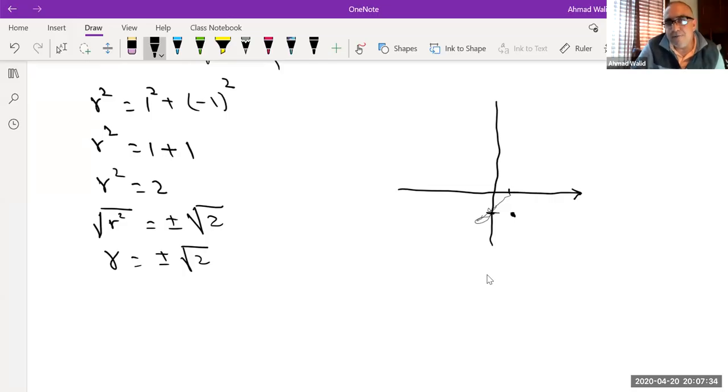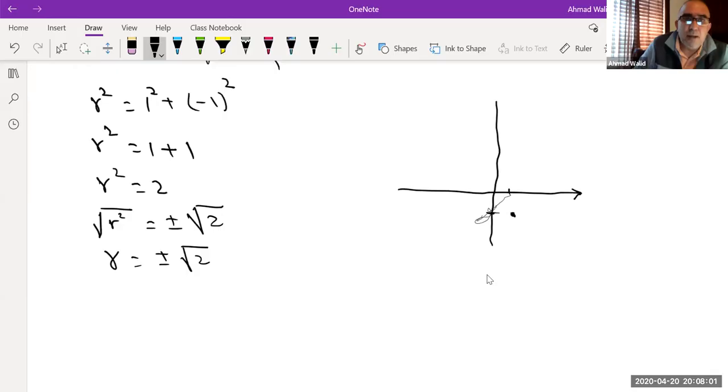The value of x positive, the value of y negative, correct? It means here I will use positive radical 2, not negative, correct? This is the value of r.